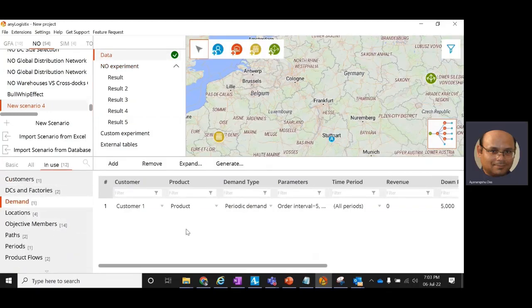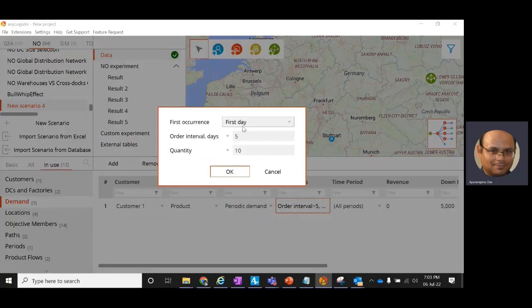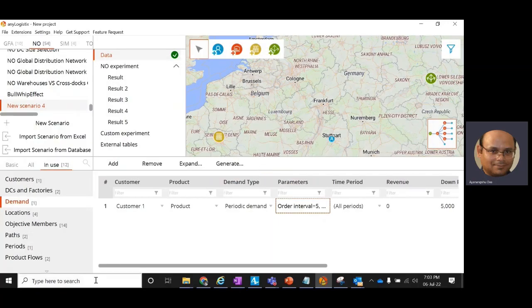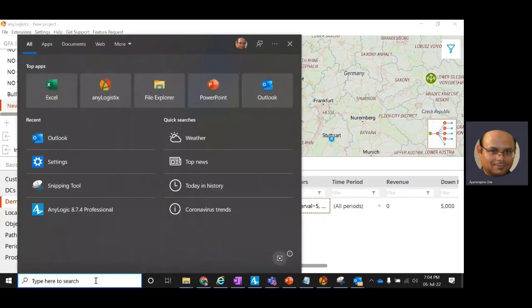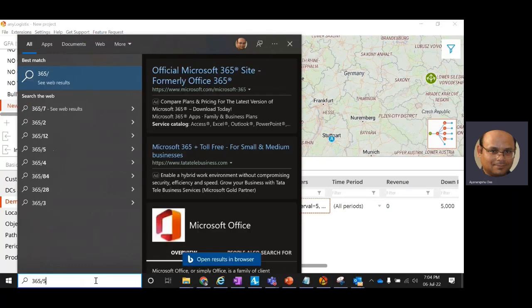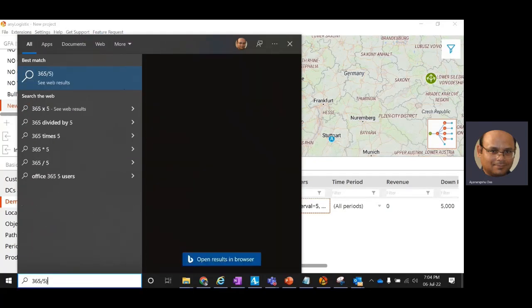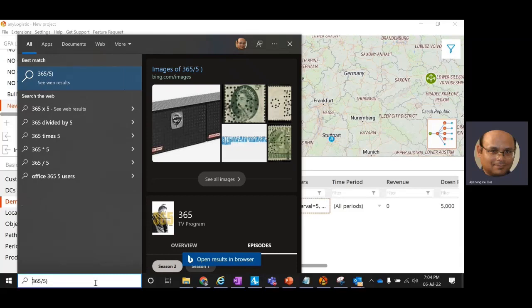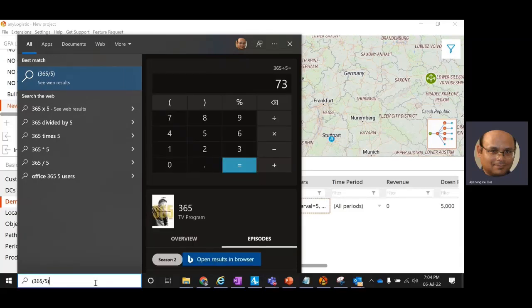So if we go to the demand, the customer one, the demand is at an interval of every 5 days of quantity 10. So what happened is that in a total year, if we consider it as 365, we divide it by 5. So every 5 days there is a demand of 10 units.